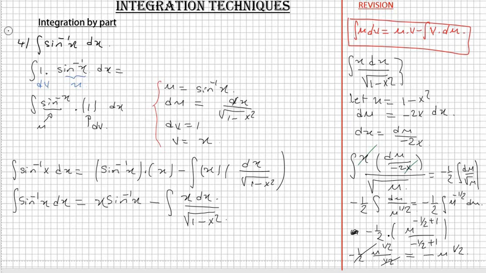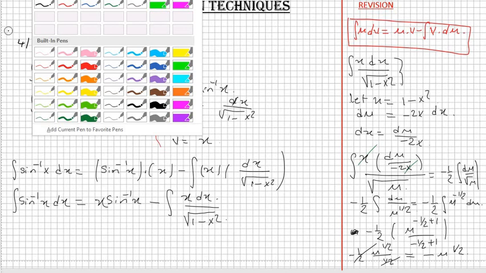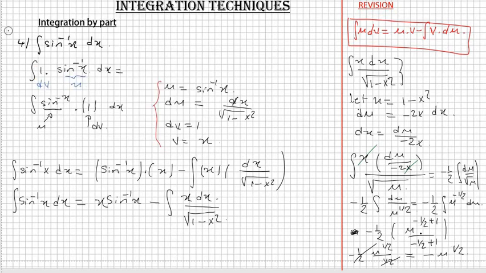Now I'm going to have to replace u by x, because the initial function is written in terms of x, not in terms of u. Since I know that u is equal to 1 minus x squared, the integral of this function will be equal to -u, which is 1 minus x squared, to the power of half.